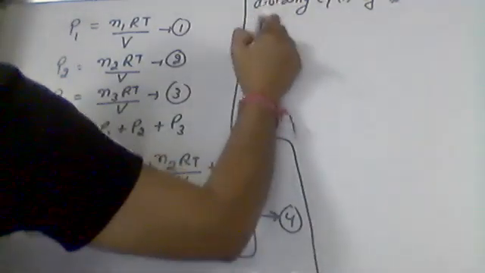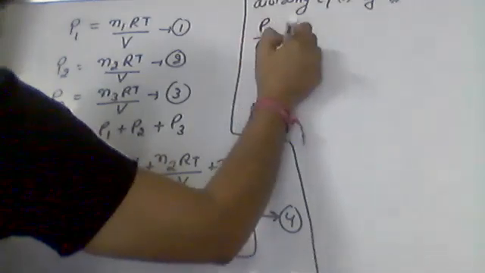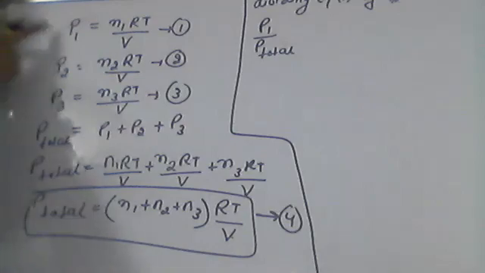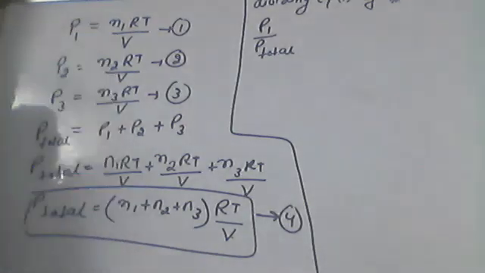So it will be P1 by P total, equation 1 by equation 4.